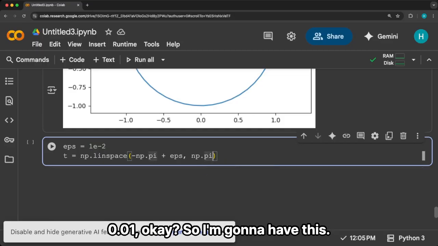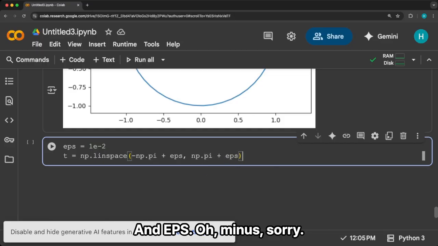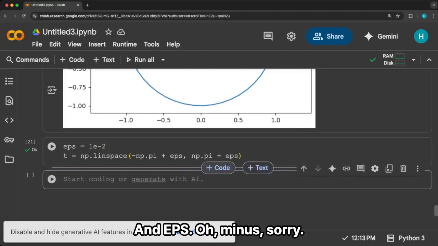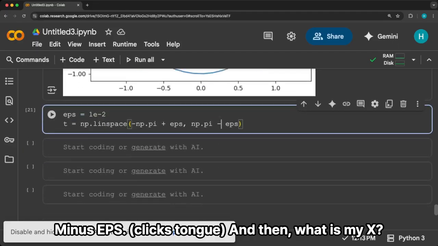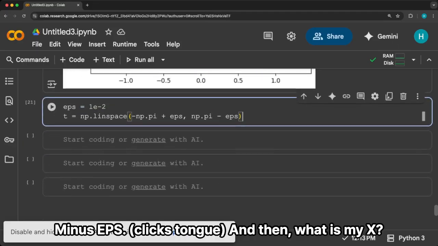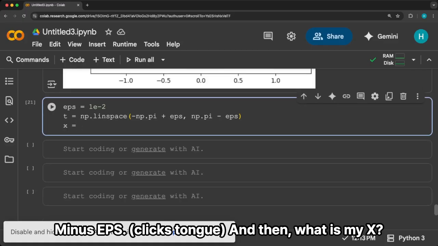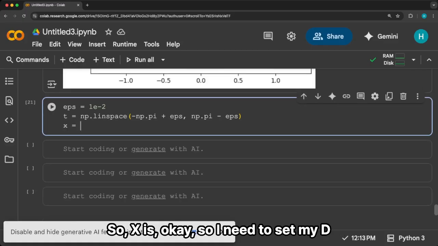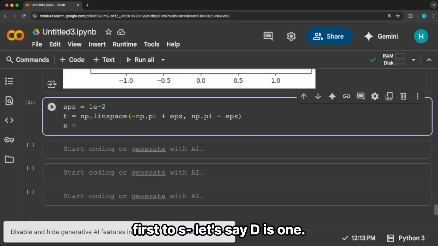So I'm going to have t from minus pi plus EPS to pi minus EPS. And then what is my x? I need to set my d first. Let's say d is 1.